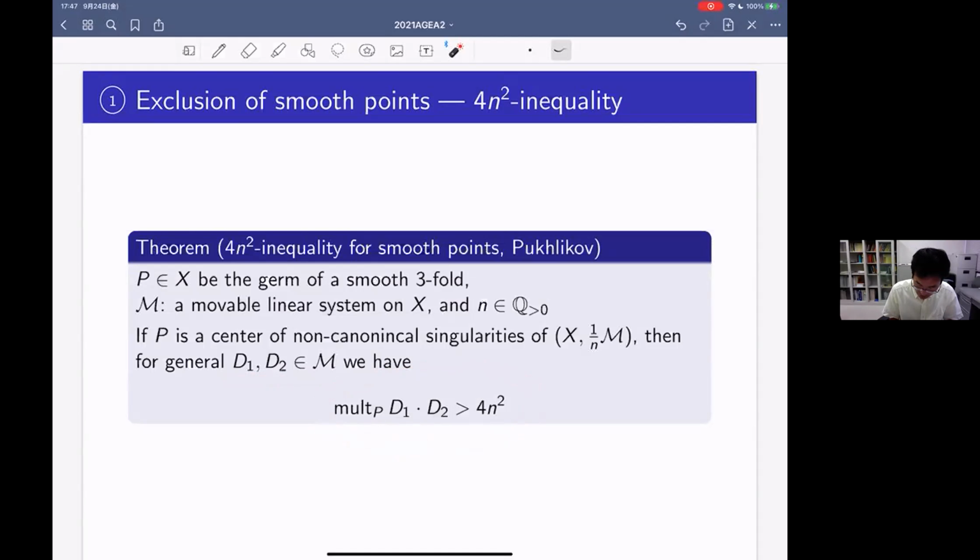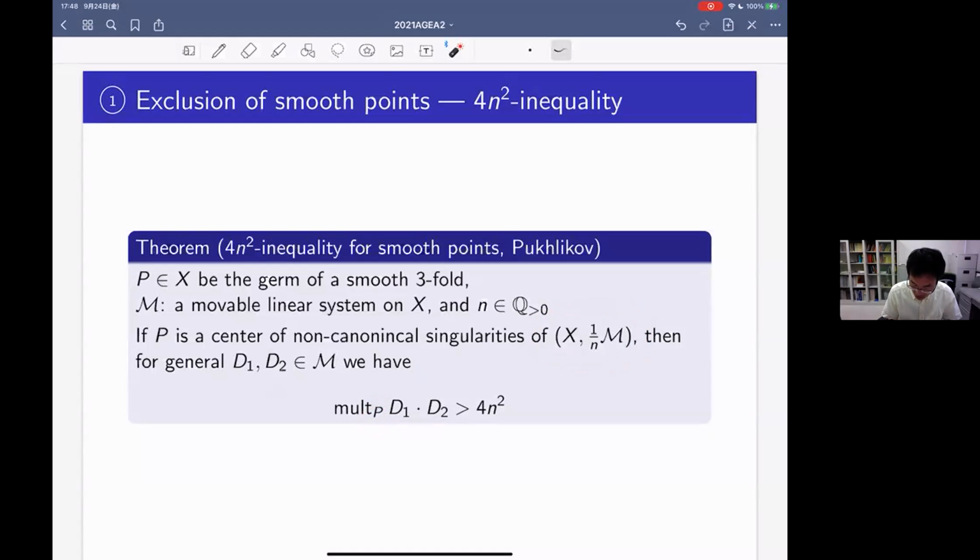First of all, since M is movable, the intersection of two general divisors defines a well-defined effective one-cycle because M has no base divisor. So we can think about its multiplicity at the smooth point P.